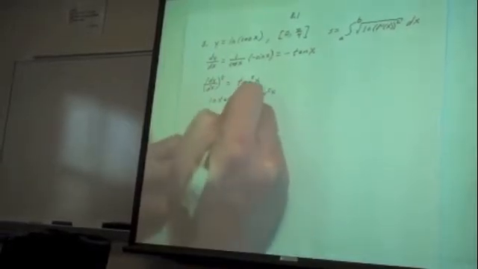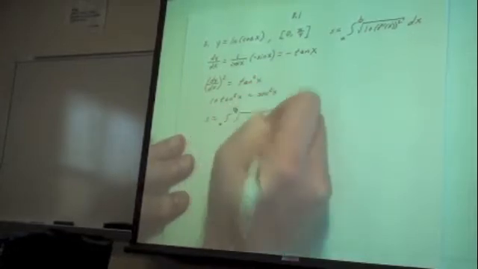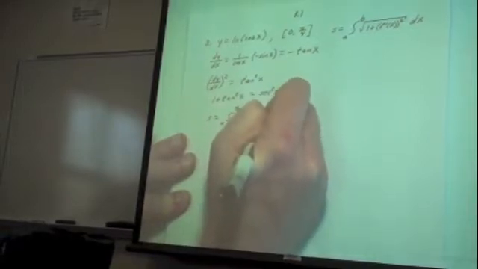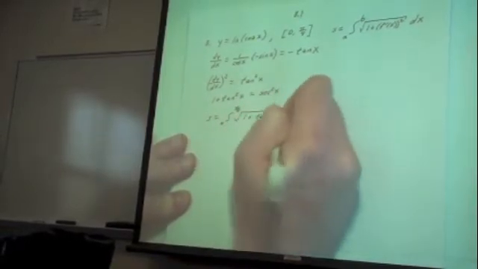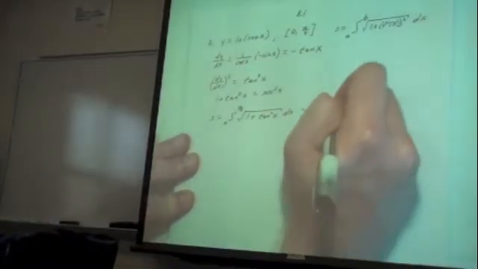So the arc length of this region, it starts at 0, it ends at pi over 4. It's the square root of 1 plus tangent squared x, which is nothing more than secant squared. So it's the integral from 0 to pi over 4. Square root of secant squared is just going to give us secant.